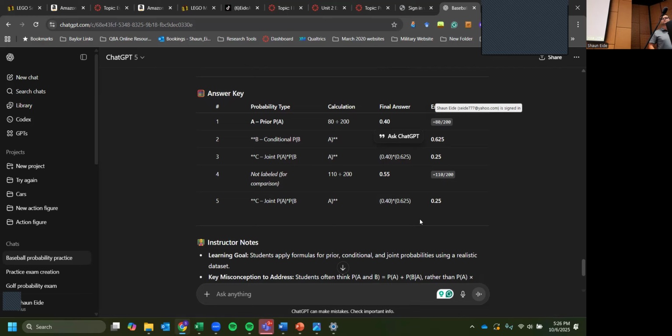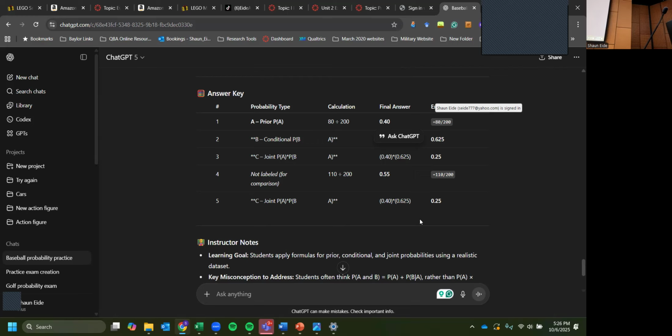Okay, so the prior probability is: what's the probability of it being a sequel? The conditional probability is: what's the probability of it being successful given that it's a sequel? The joint probability is the probability of it being a sequel and the probability of it being successful given that it's a sequel.